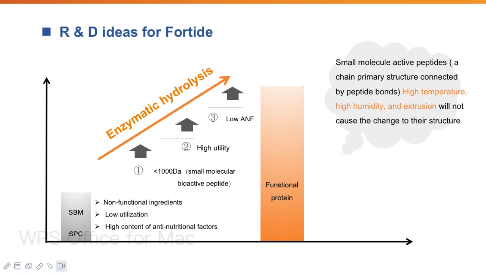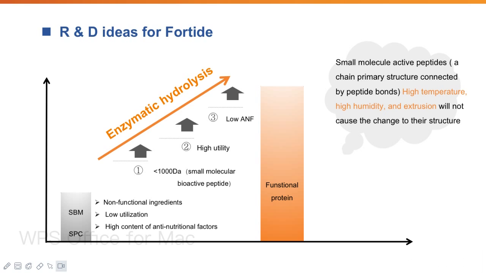Many of these small molecular active peptides are a chain of primary structure, so high temperature, high humidity, and extrusion will not change their structure. So the processing of the aqua feed will not influence their function.